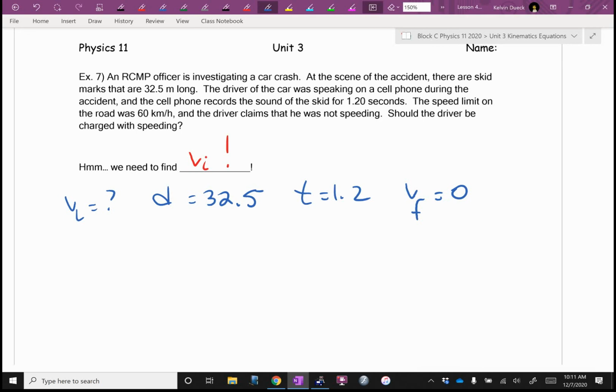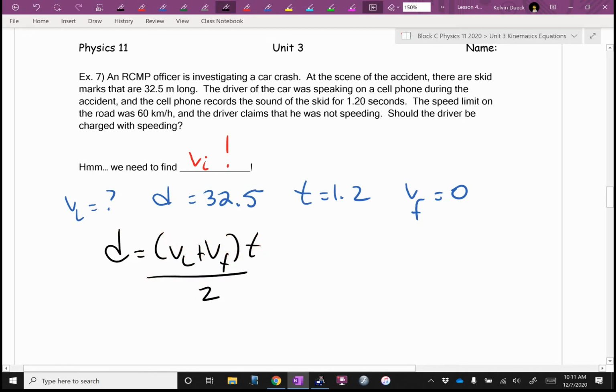which equation? I wrote it out. You don't have to if it's on your sheet. What do we want to get by itself? Where is the VI? Inside the?